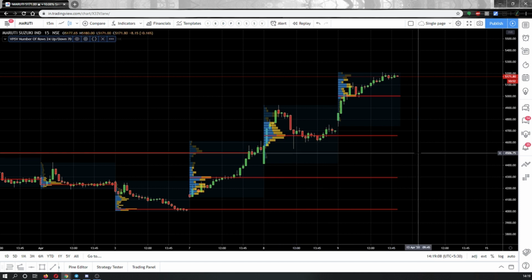And the next question is, why do we extend the POCs? The reason is that they work as beautiful support and resistances, and depending on those supports and resistances, you will decide when to make an entry in your trade. Okay, so these are the important points that I just summed up. I hope that is clear.